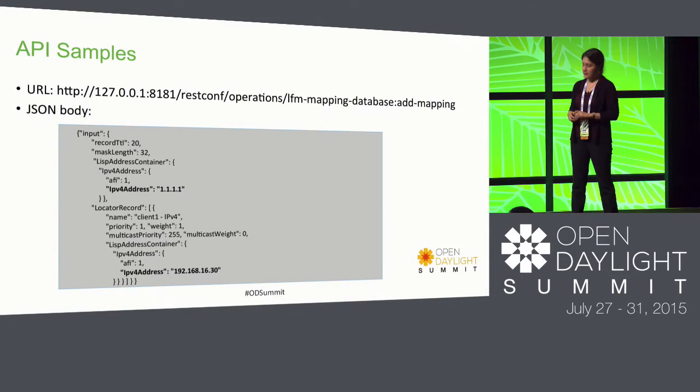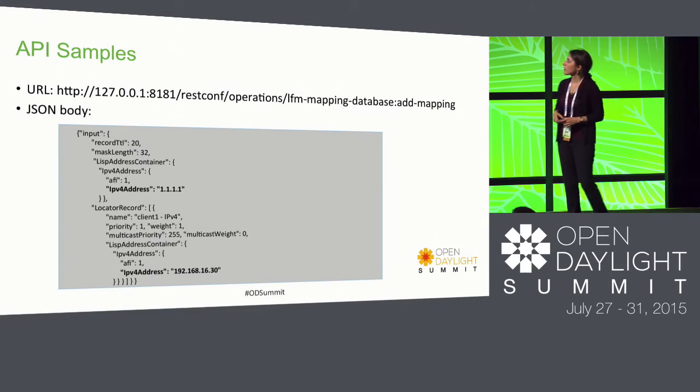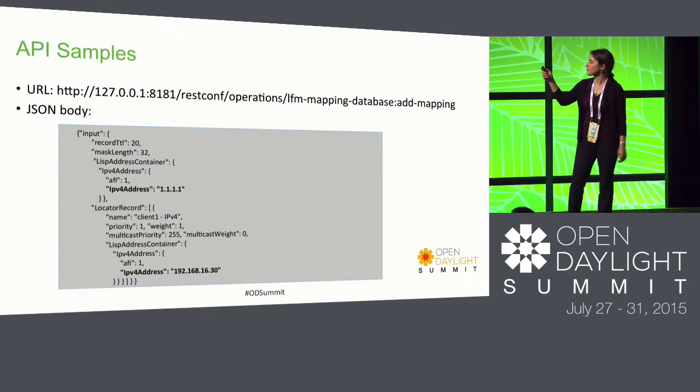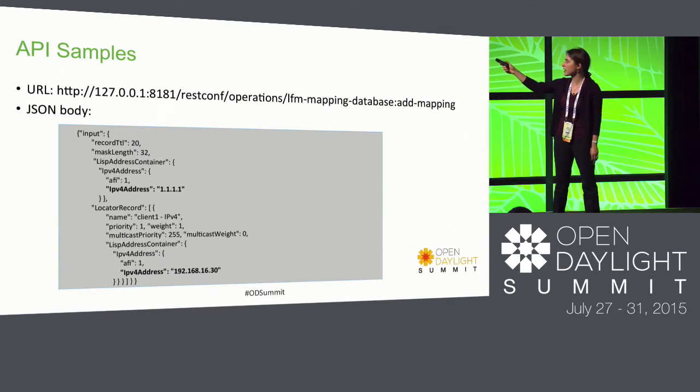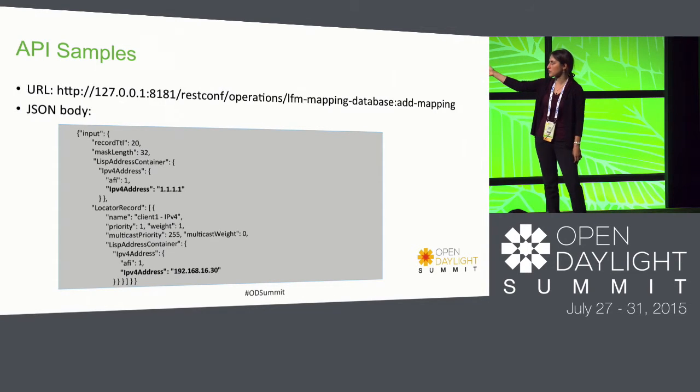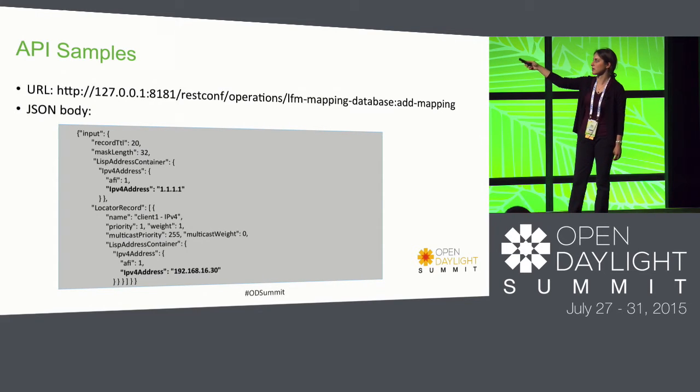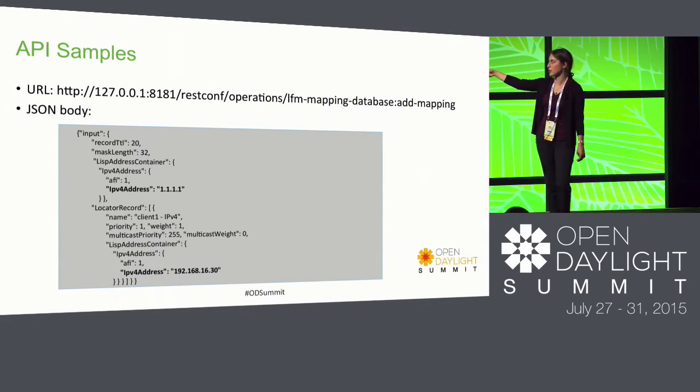This is an example of the API. I won't go into the details, but the high-level items that we want to bring out here is that we use the RESTconf API, and when you add a mapping, the main components are adding the EID as an input and saying that the mapping for that is the address at the bottom.